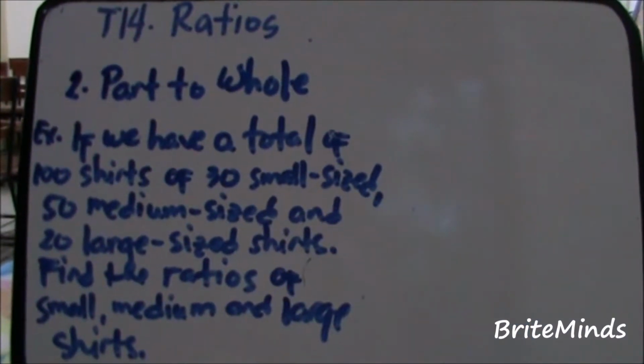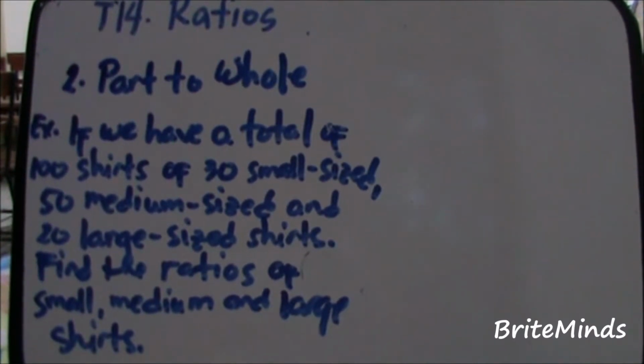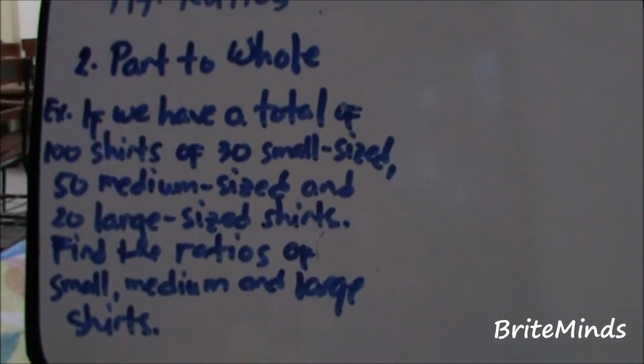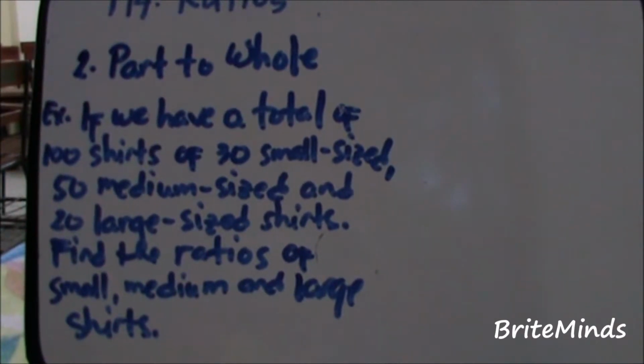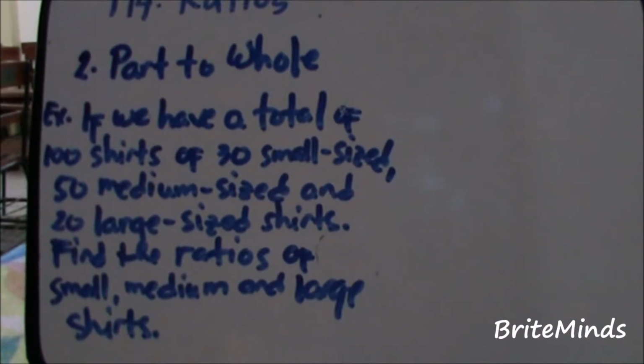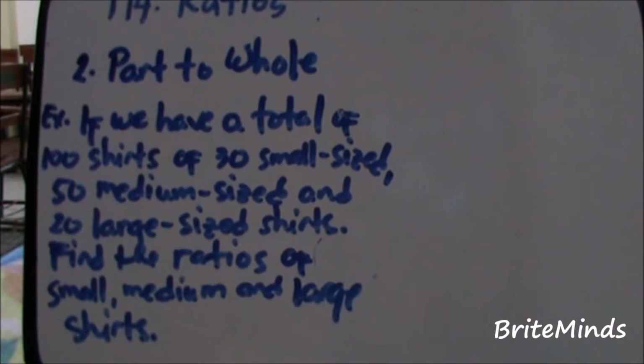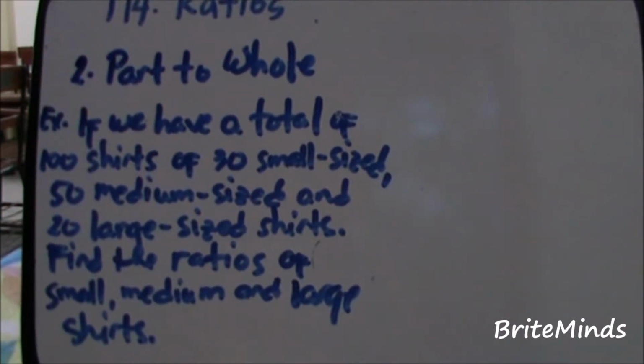Another way of finding ratios is to find the relations between part to whole. I have an example here. If we have a total of 100 shirts, of which 30 are small-sized, 50 medium-sized, and 20 large-sized, find the ratios of small, medium, and large shirts.